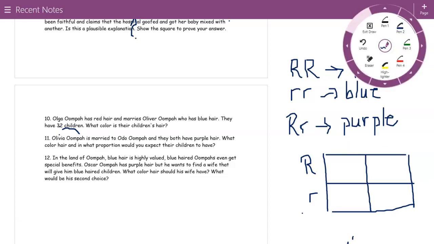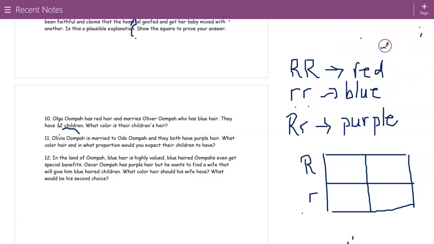Okay, he wants to have blue-haired kids. Okay, in order to have blue-haired kids, they need to have 2 copies of this allele, right? So he needs to find a wife with blue hair, right? Duh. So then he would have half of his children with blue hair. Okay, second choice.